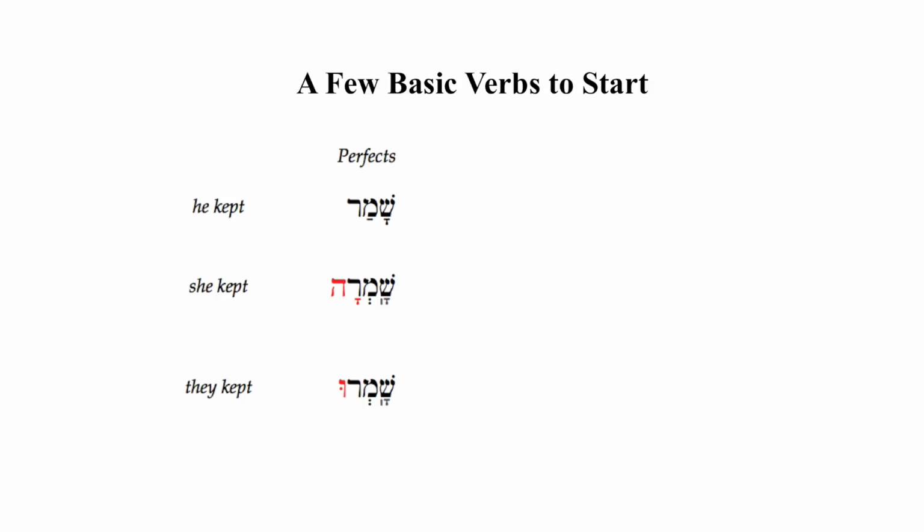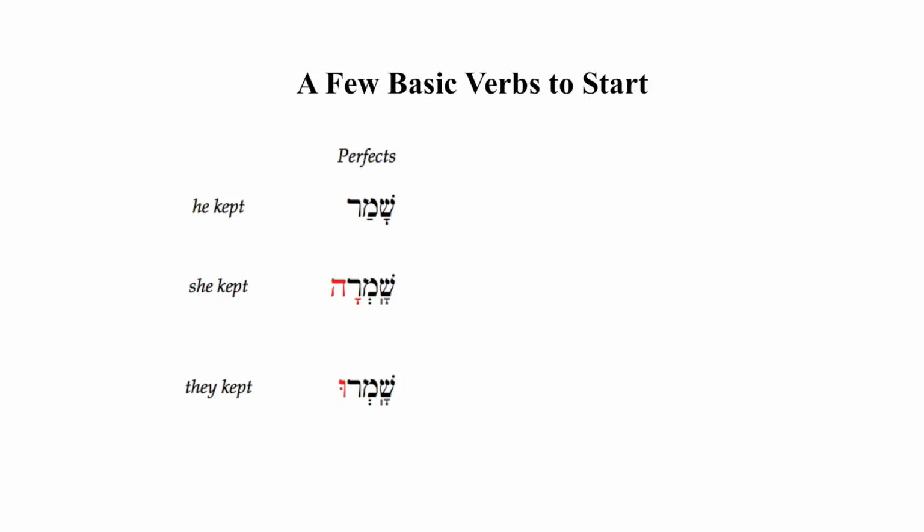We'll have a more precise definition, but for now, these are going to be translated as past tense. And you'll notice that they change in form slightly to indicate who is doing the action. So, shamar, he kept. Shamara, she kept. Shamaru, they kept.